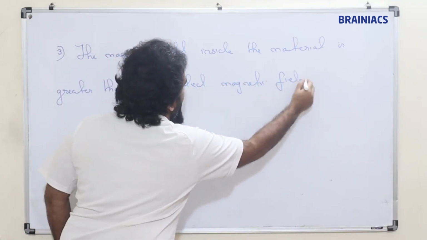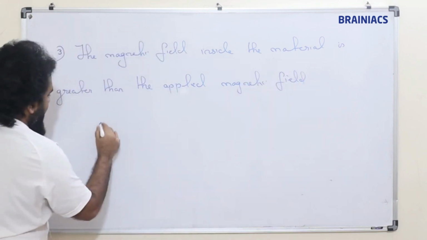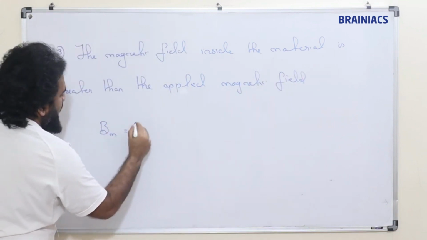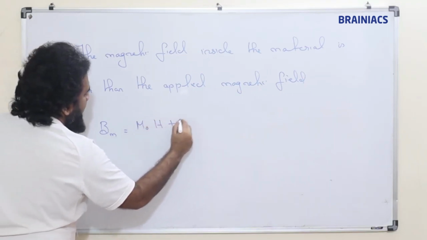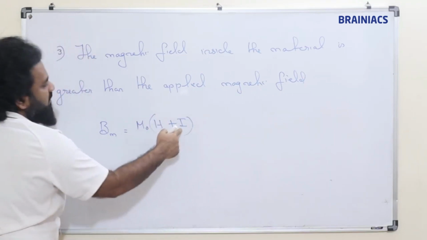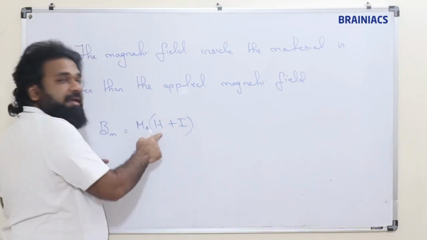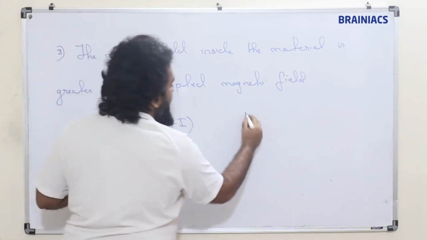Correct or what? Because the magnetic field through the material is going to be mu naught into H plus I. So this is positive this time. Mu 0 H is the external magnetic field.